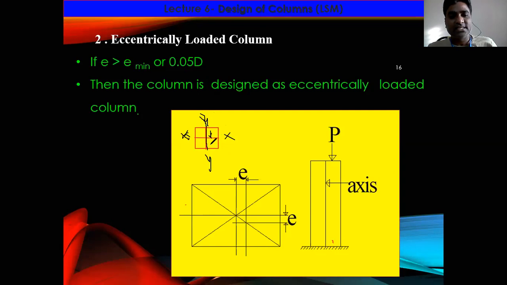This eccentricity we call small e. So this is with respect to the y-axis, let us say I can call it ey. That means the load is eccentrically loaded with respect to the y-axis, only one direction. That we call a uniaxially loaded column. Uniaxial means the load eccentricity is only with respect to one axis, right?